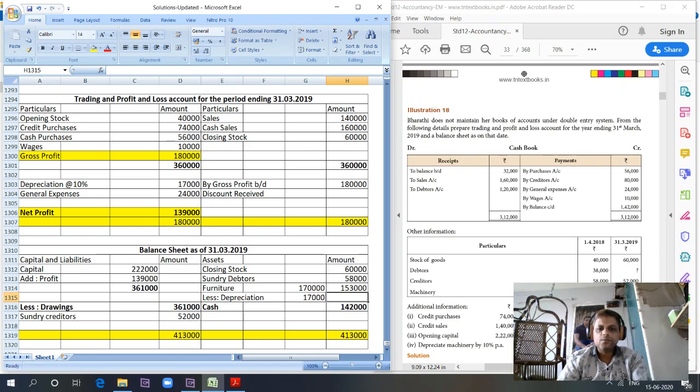So students, this is clear. On the credit side, we have capital, opening capital 2,22,000, add profit for the year 1,39,000, and we have to add sundry creditors. Sundry creditors closing balance is 52,000. Okay, hope this is clear for students.